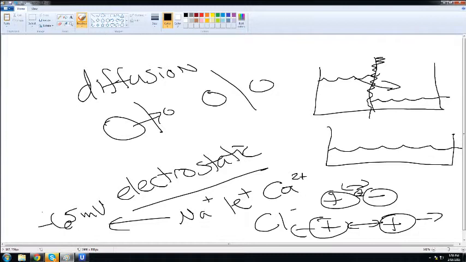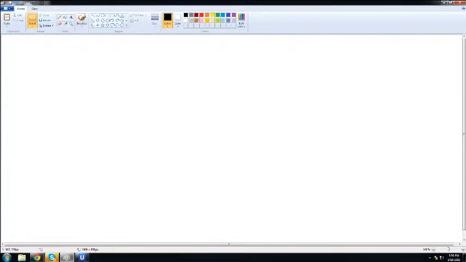So it's important that we know what diffusion and the electrostatic forces are, but all I really want you guys to realize about these two physical properties, the chemical and the electrical properties of the interaction between the ions in the environment, is that they are used in the calculation of something called an equilibrium potential.